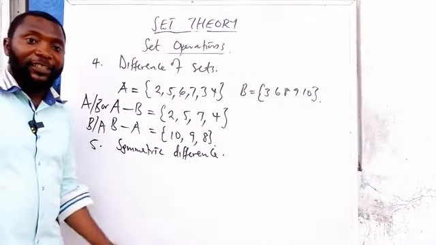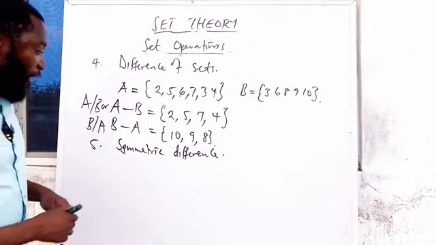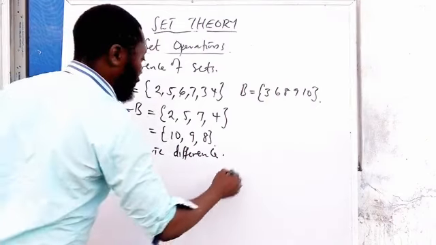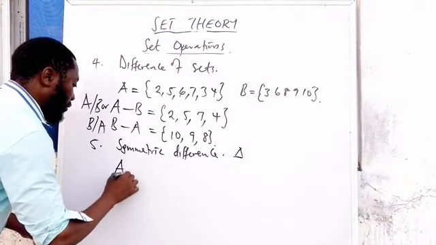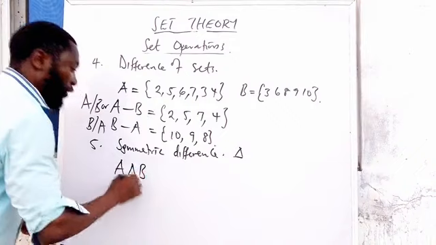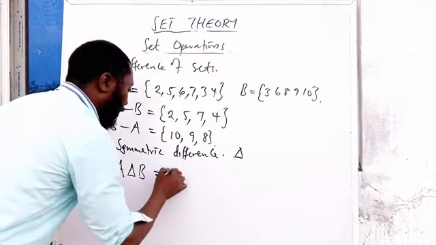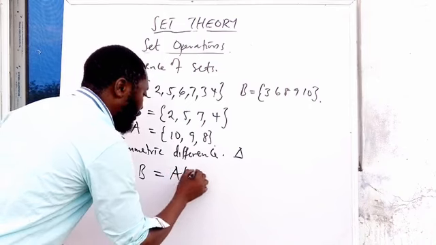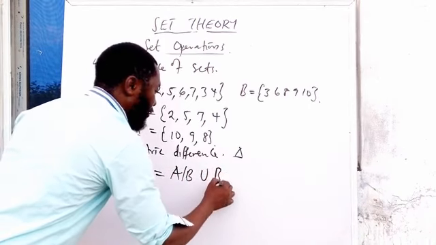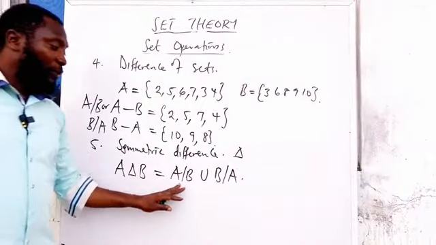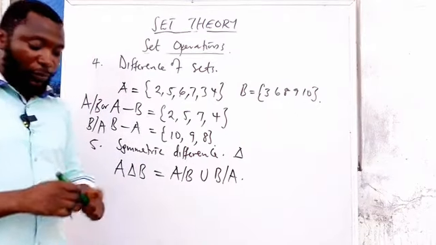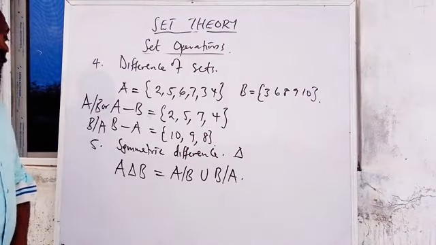Now, symmetric difference. The symbol for symmetric difference is this. The symmetric difference between A and B is the union of A minus B and B minus A. That is what we call a symmetric difference.